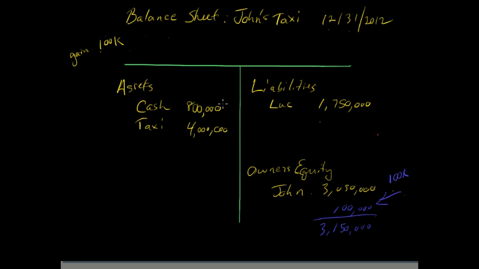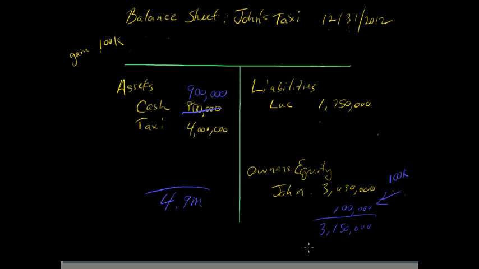And it's a balance sheet. So you remember these two sides have to balance. So the question is, what impact does that profitability of 100,000 have on this side? Well, the value of the taxi doesn't change, and so we need to add it over here. So what happens is that 800,000 becomes 900,000 when we add the 100,000 in profitability.